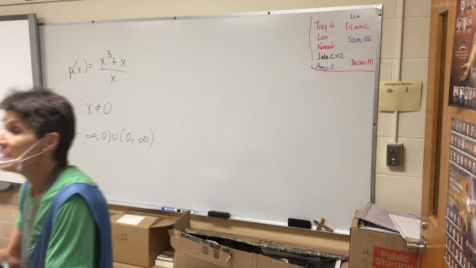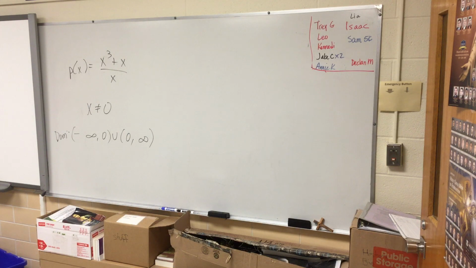Now, the minute you tell me that x can't be something, that means that as I'm graphing the picture, whatever that looks like, when I get to 0, I'm going to have to stop. And then I'm going to have to start again, which means I'm automatically going to have to lift my pencil, right?